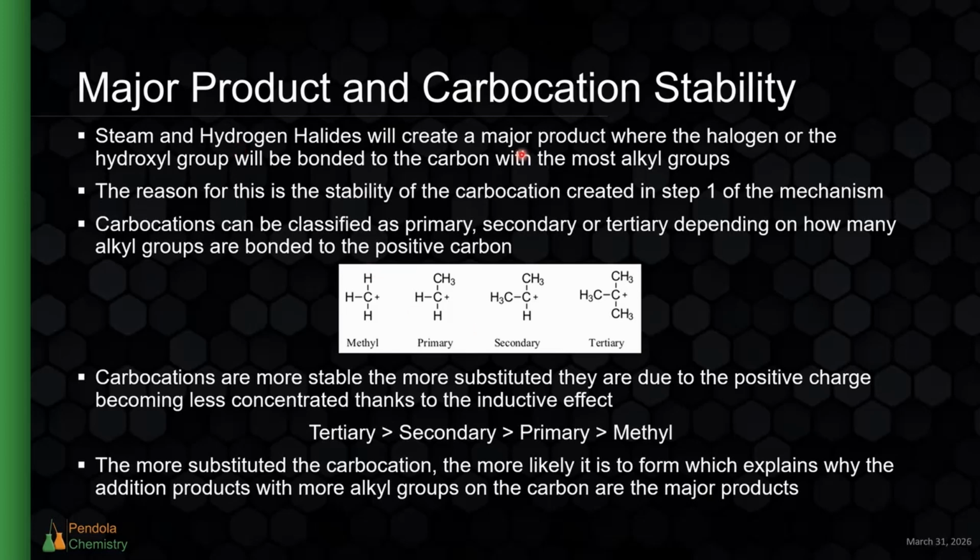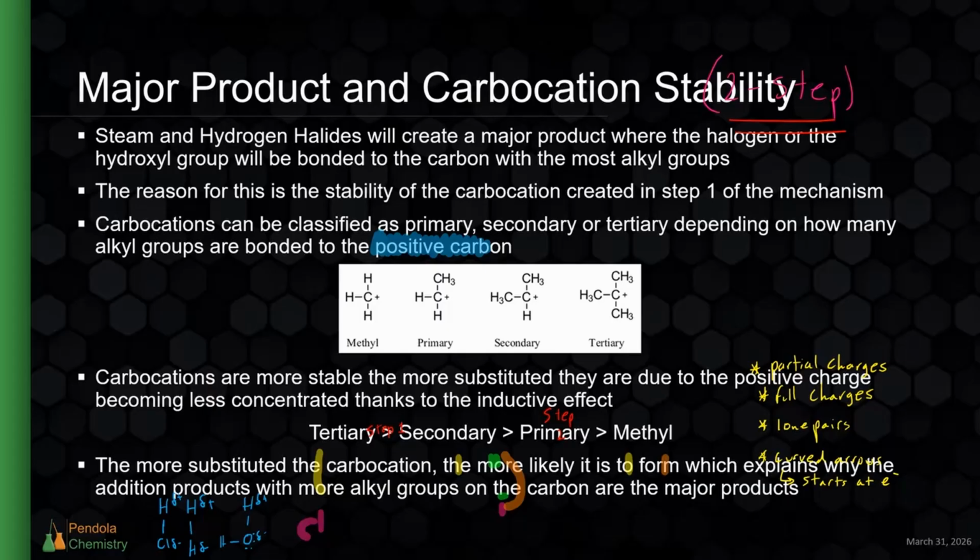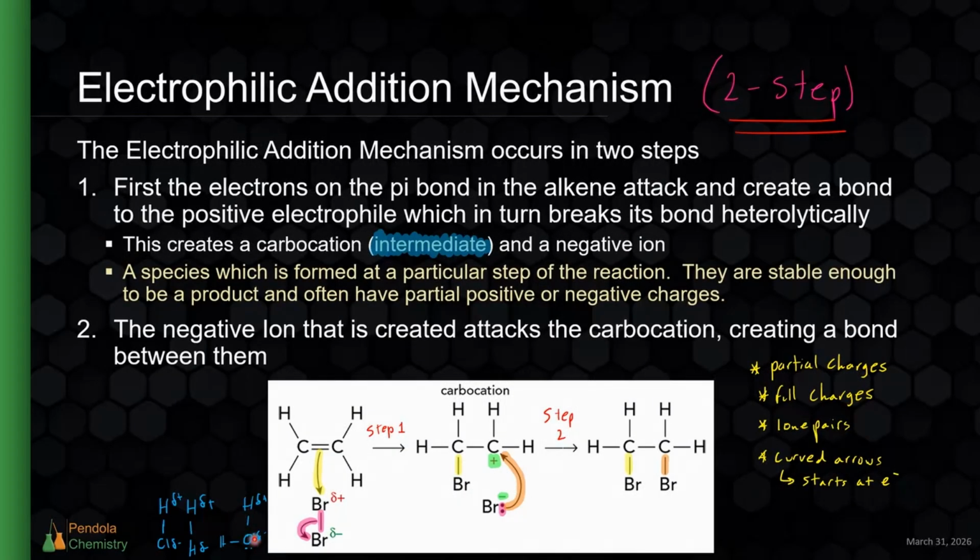Steam and hydrogen halides will create major and minor products depending on where the halogen or the hydroxyl group goes. If I go back, you might have realized the hydroxyl group and the halogen are the partial negatives. So they're going to be that second ion that's created.